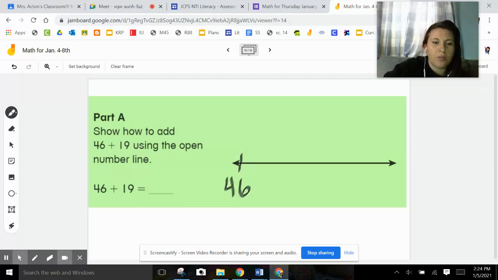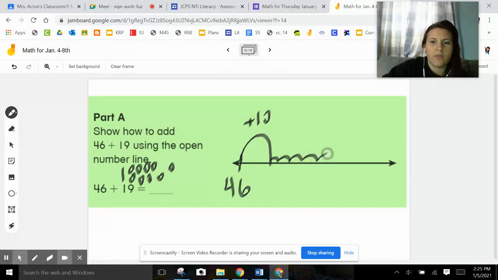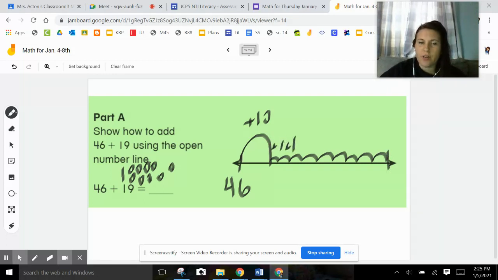Now I know the number 19 is 1 ten stick and 9 ones. So let's do 1 ten jump, and 1, 2, 3, 4, 5, 6, 7, 8, 9 ones jumps. And then you can do the plus 1 above all of those if you want. Miss Acton just doesn't have enough room for that.